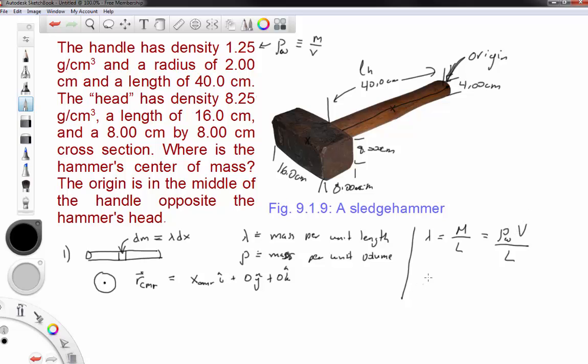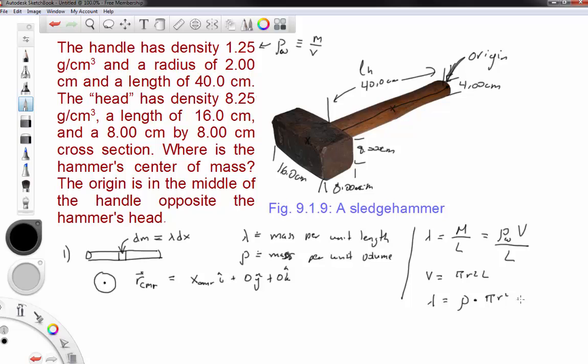And I note that the volume is actually going to be the cross-sectional area times the length. So this would basically be pi r squared times length. So lambda basically is going to look like rho times whatever the cross-sectional area is, pi r squared.